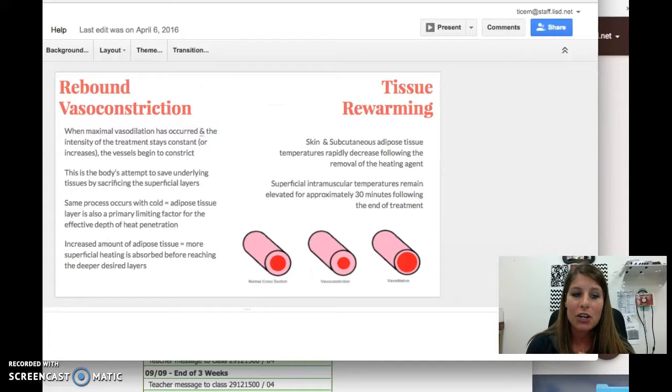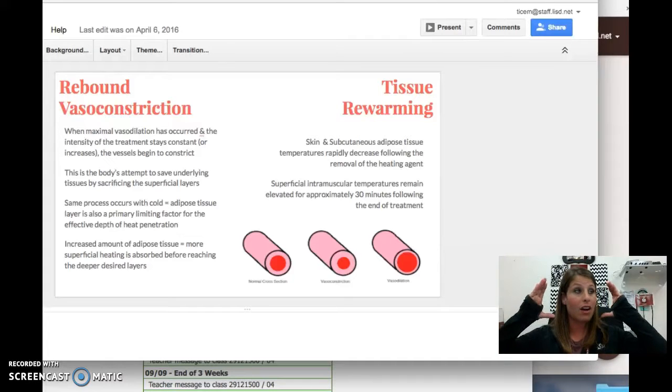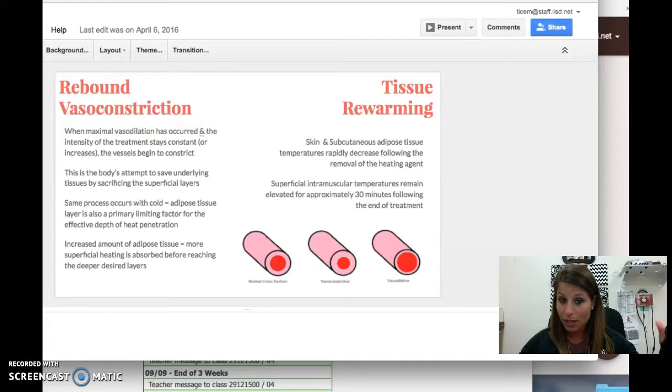So we do have a term associated with heat-related conditions called rebound vasoconstriction. Okay, well, we've seen the word vasoconstriction before. Vasoconstriction is talking about our blood vessels constricting and dilating. Okay, constricting, dilating. So when maximal vasodilation has occurred, meaning my arteries, my capillaries are wide open, I can't get any more blood through these, all right?